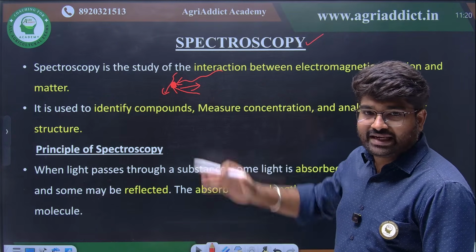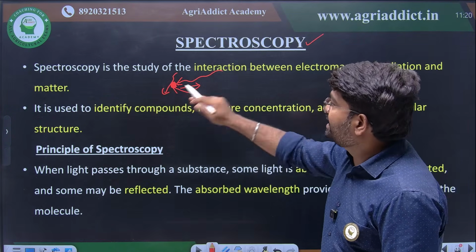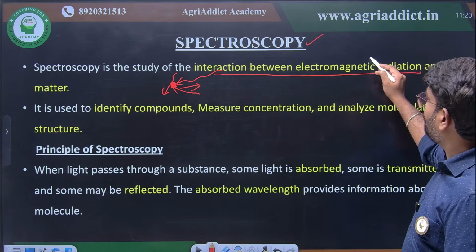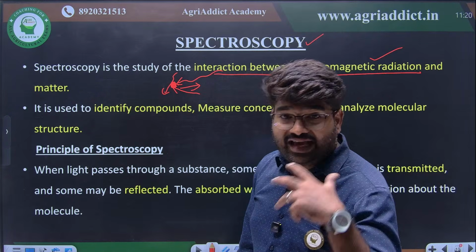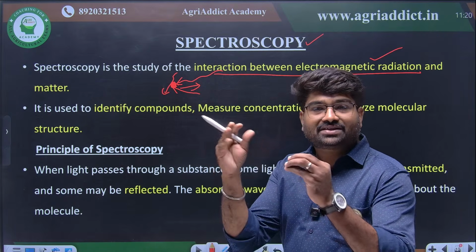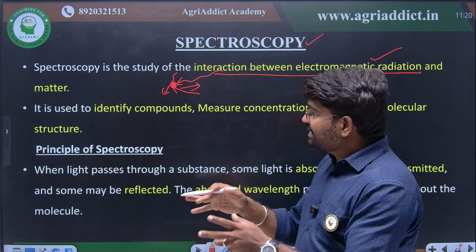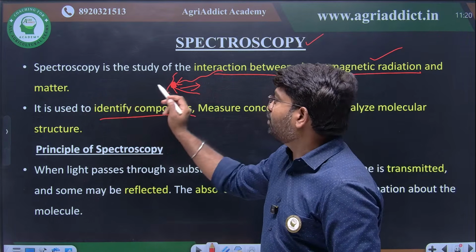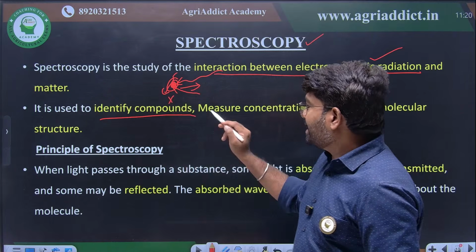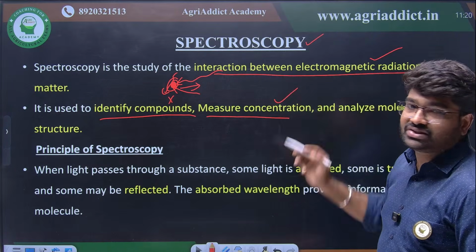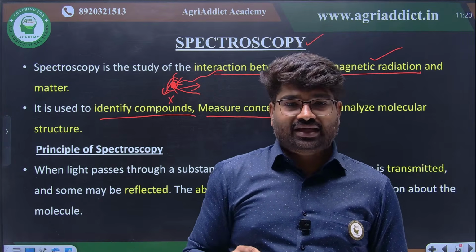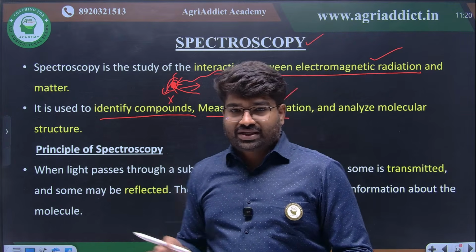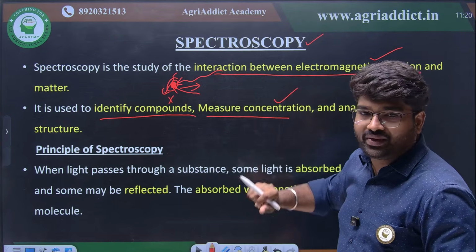So spectroscopy is the interaction between electromagnetic radiation and matter or molecule. Based on the interaction, we can identify the component, what is this component X, and we can also measure the concentration of the component and determine the molecular structure of the analyte. So the basic principle of spectroscopy is what?